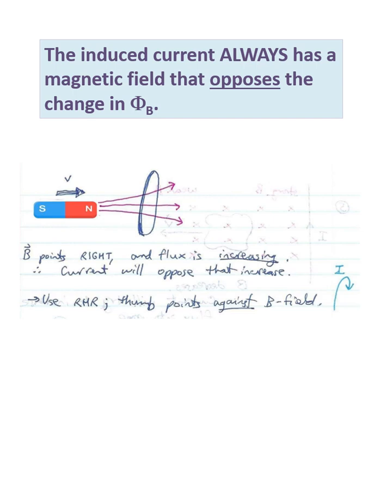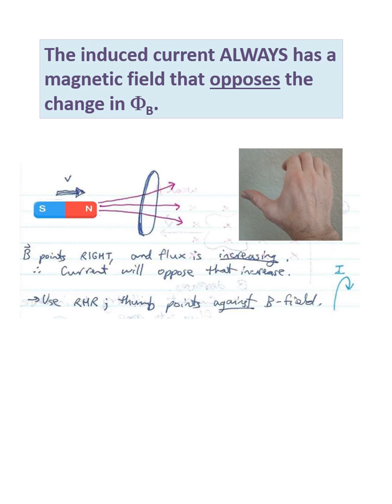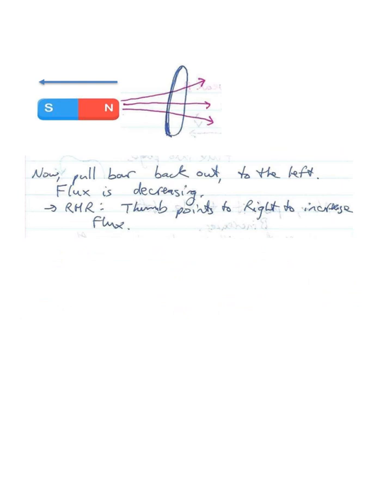Using the right-hand rule and pointing my thumb in the direction that pushes back against the magnetic field that's increasing, my fingers will curl in the direction of the current. So there you see in the picture, my fingers curling in the direction of the current. We'll go through a few other examples.